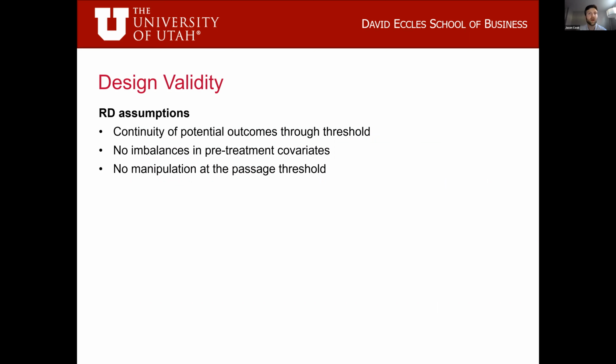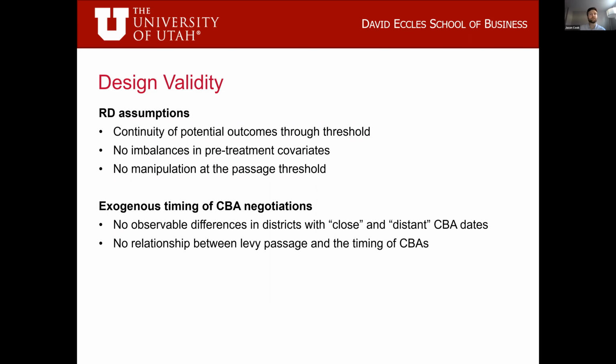Okay, so we talked about this a little bit, so I'll go through this quickly. We show in the paper that there's evidence that the potential outcomes are smooth through the threshold. We don't see imbalances in pretreatment covariates. There's no manipulation in terms of more ballots just passing than not. And then we spend a lot of time trying to convince you that the timing of collective bargaining is exogenous relative to when these referenda are up.